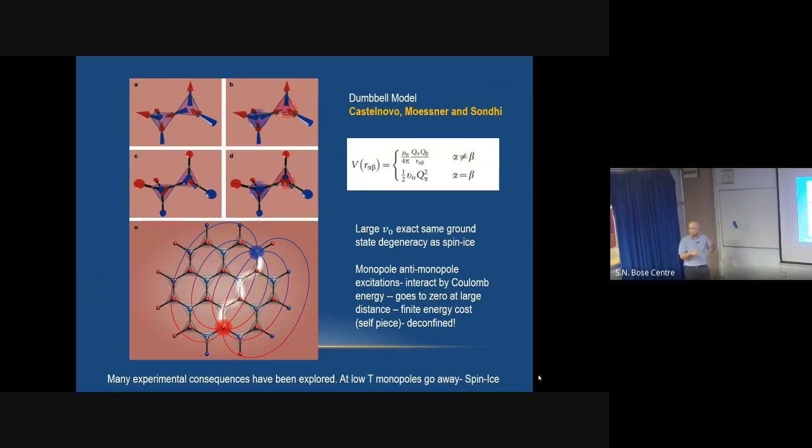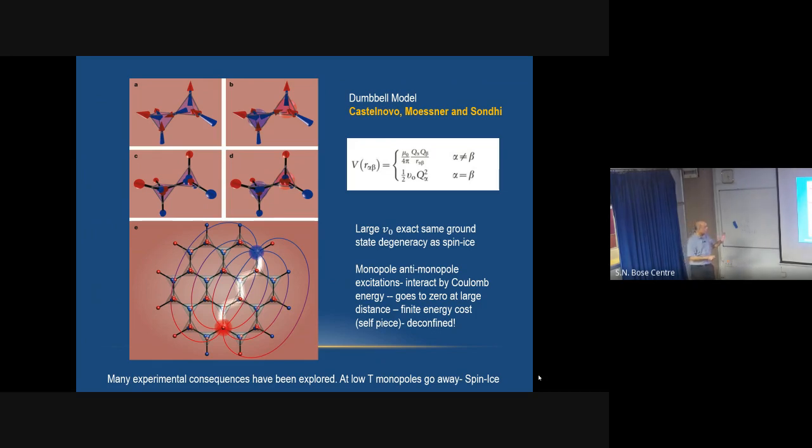You have measurements if you apply electric or magnetic fields to the system, and you look at how those things behave. But the most dramatic probe of the system, which I will discuss a little bit, and in the morning talk, Sayur actually gave a picture of that, is that you do neutron scattering at low temperature.